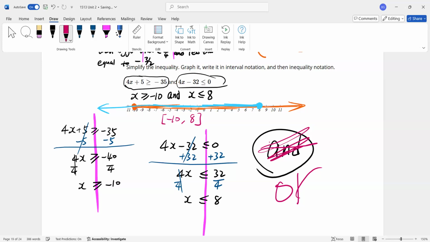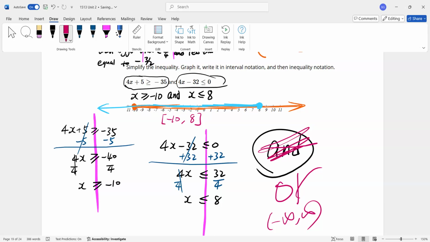What if it's OR? The solution set is what? All real. It's going to be the region on the real number line covered by either the red color or the blue color or both. As you can see, the whole real number line has colors.